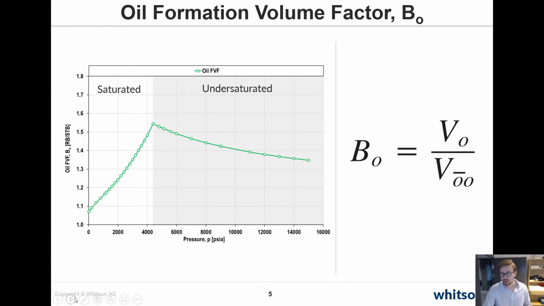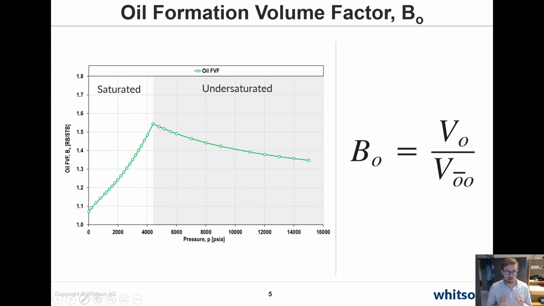And this is what we're actually going to talk about today: these 4 volumetric PVT properties and how they, for a given surface process and a given reservoir temperature, change as a function of pressure.